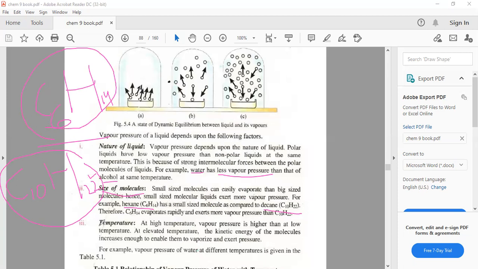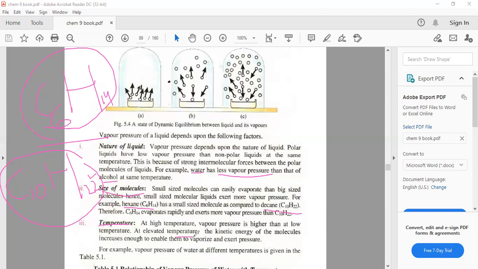Next, we have temperature. If you increase the temperature, the rate of vaporization will increase. If the rate of vaporization increases, the vapor pressure of the vapors on the liquid surface will increase, because when you elevate the temperature, the kinetic energy of the molecules increases. Kinetic energy means they start moving randomly, the energy that is due to motion.